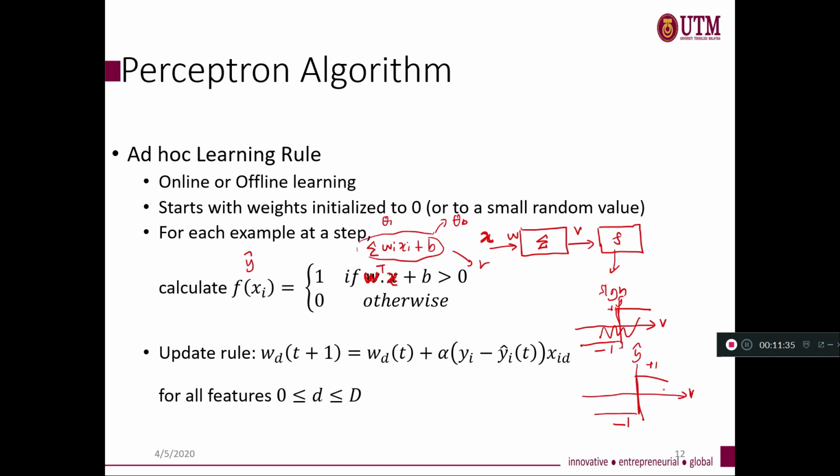If the v is more than 0, your predicted y becomes 1. If your v is less than 0, your predicted y is, oops, sorry, this is not a sign function, I'm sorry. It's not a sign function. They are using f, which is another function.